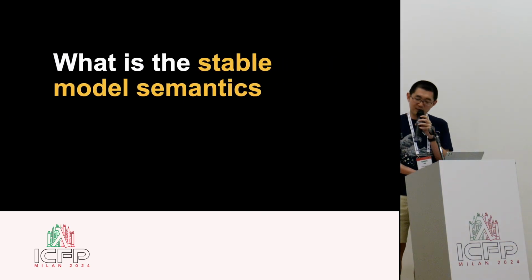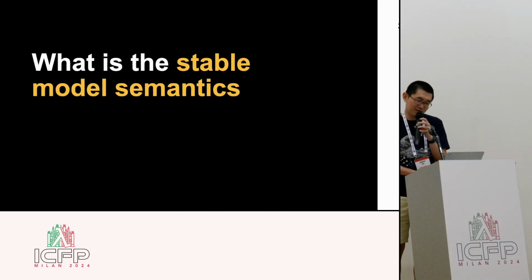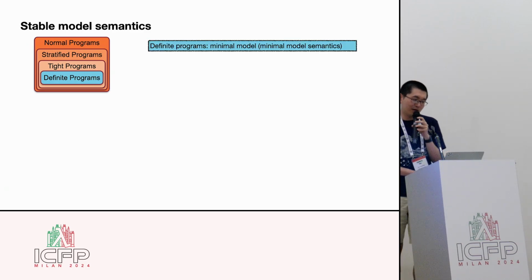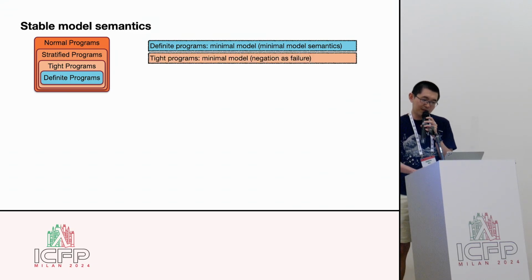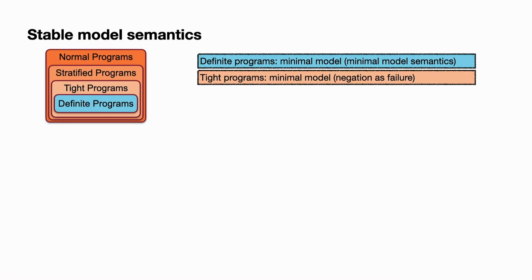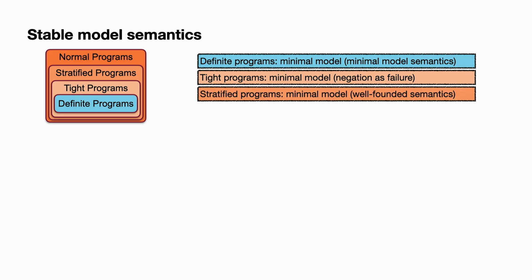Now, what are stable model semantics? Okay, this hierarchy comes out again. For the definite program, we have minimum model semantics. Okay, it's very obvious. A tight program also generates a minimum model, even though the semantics is called negation as failure. And for the stratified programs, also minimum models, with well-founded semantics.